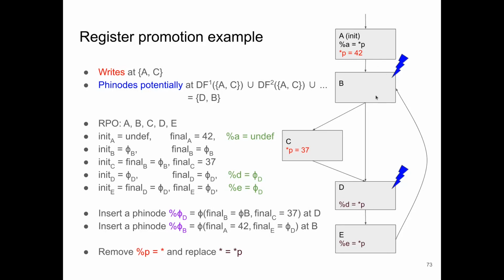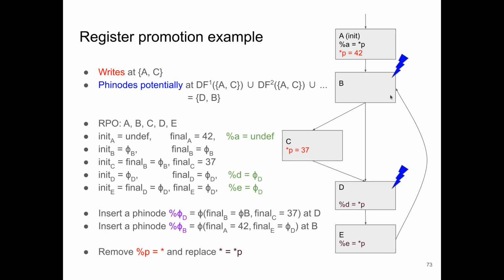So when we calculate the potential positions for phi nodes, we get the set of D and B here, and we mark it with the blue ribbon.